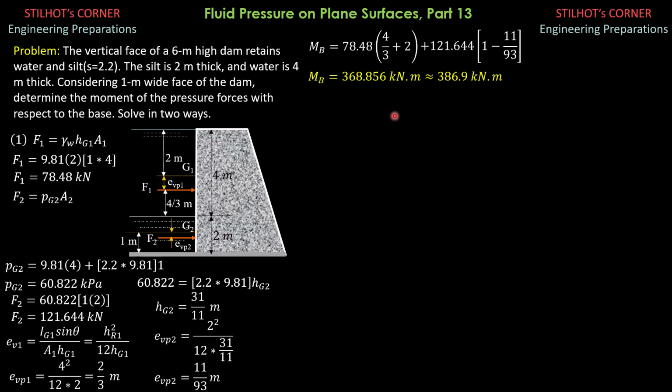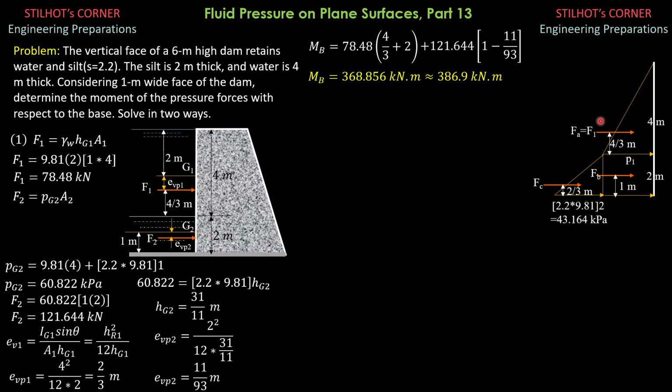Now, for the second way, it's easier and shorter supposedly. We use the pressure diagram as shown in the figure. So this is the 6-meter high face of the dam. We have 4 meters in contact with water and 2 meters. The pressure at the water surface is 0.